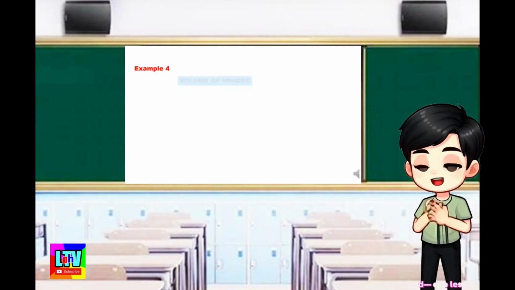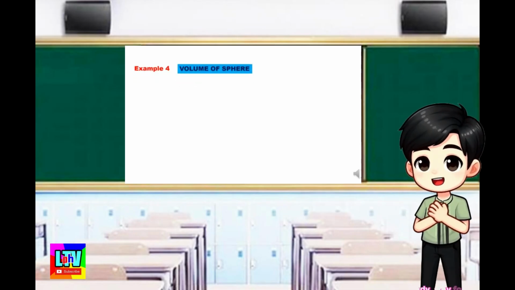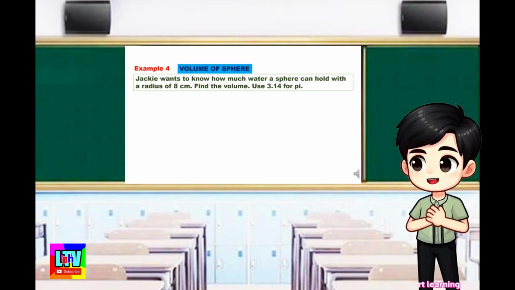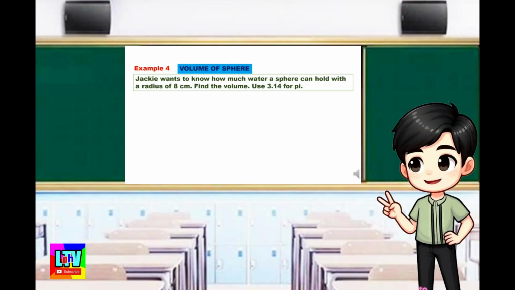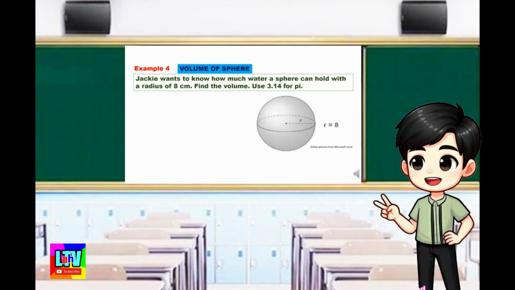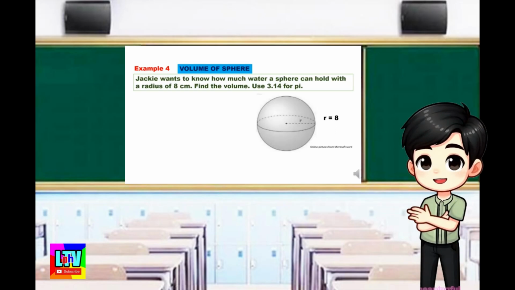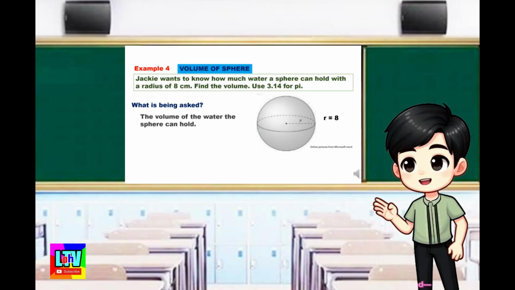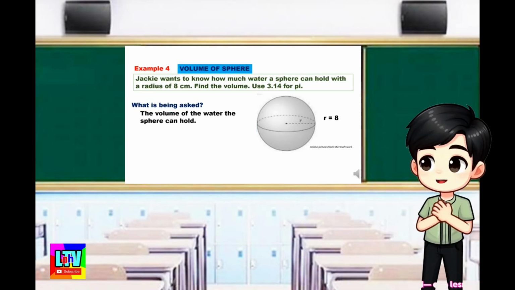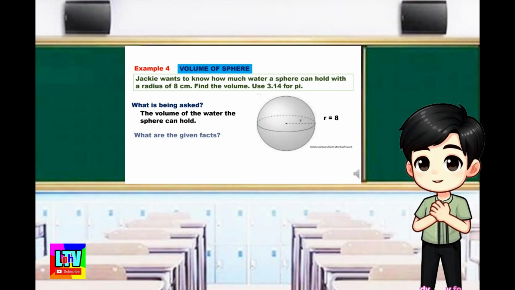Example 4. Volume of a sphere. Jackie wants to know how much water a sphere can hold with a radius of 8 centimeters. Find the volume. Use 3.14. What is being asked? The volume of the water the sphere can hold.